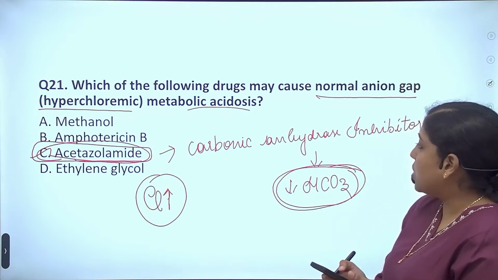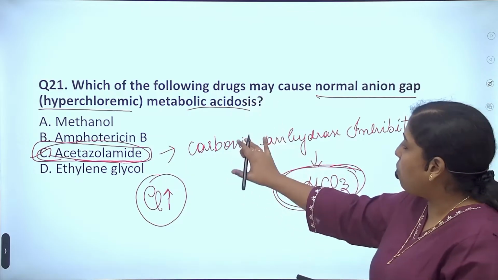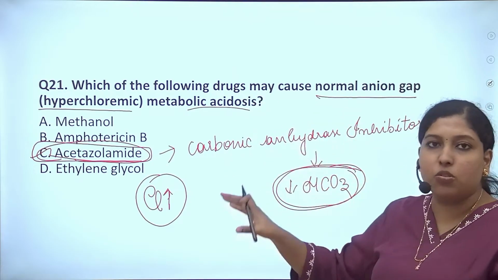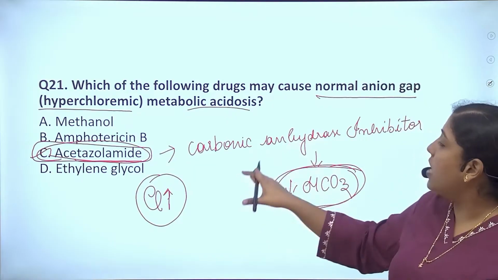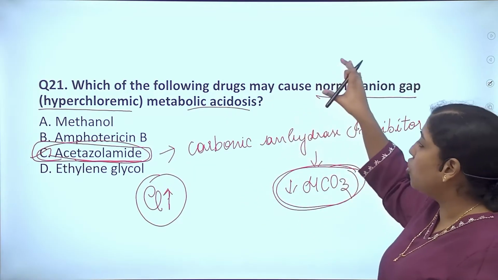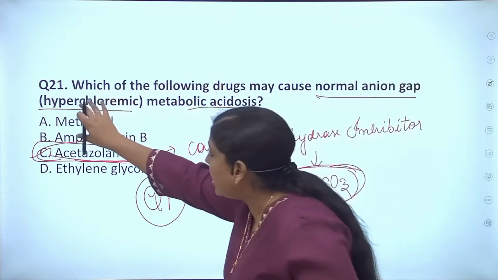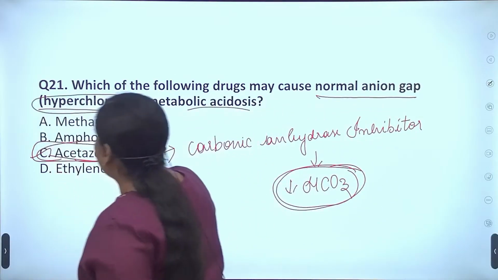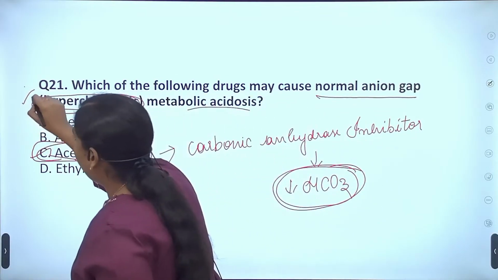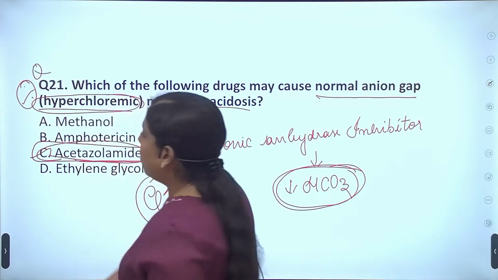So acetazolamide, a carbonic anhydrase inhibitor, reduces the HCO3 level, and it has a normal anion gap, hyperchloremic. That is a key point to remember from an exam point of view.